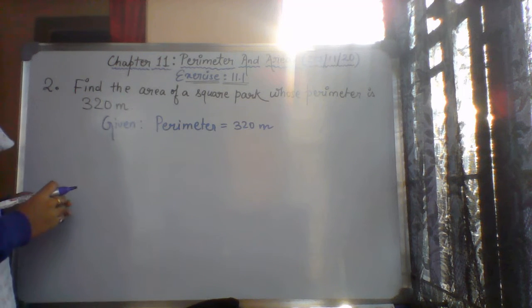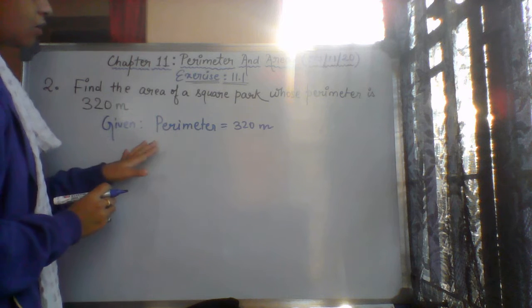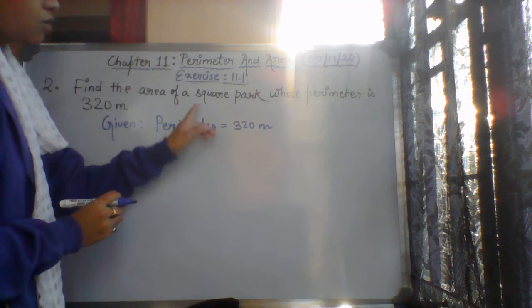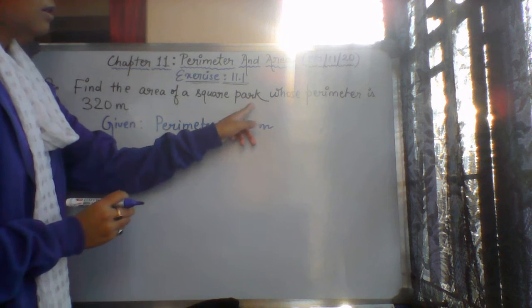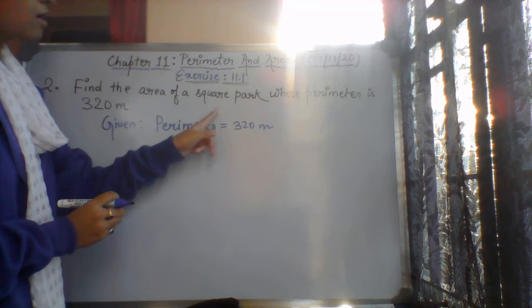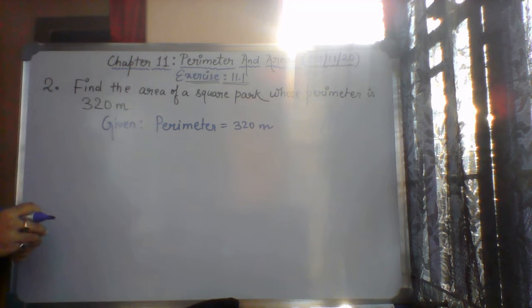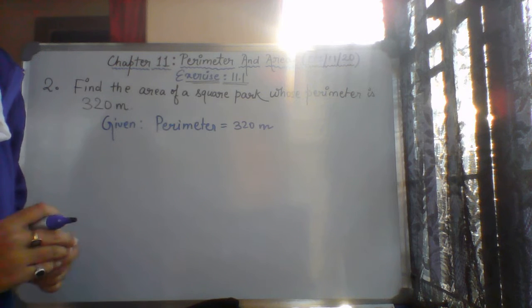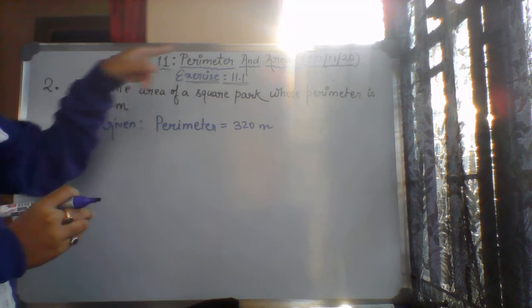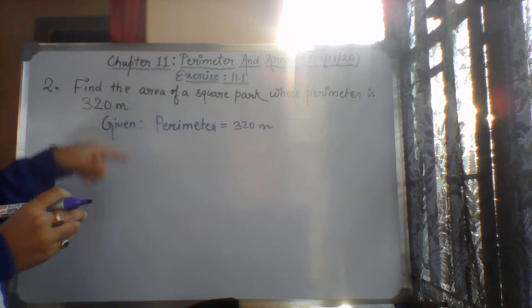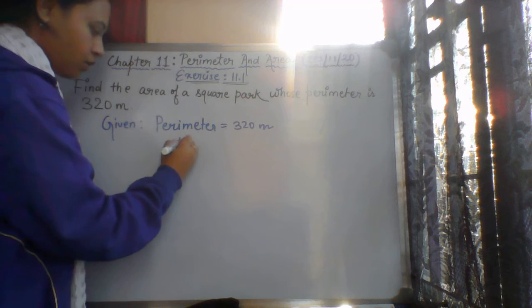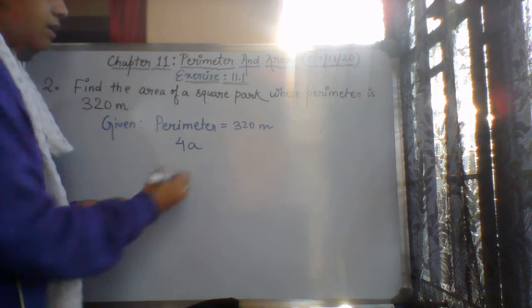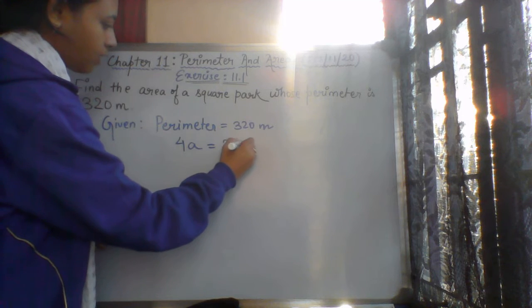Whatever is given in the question I have written. Now this is the perimeter of what? Of the square park. The park is in the shape of a square. So what will the perimeter formula be? Perimeter of a square, the total length of the boundary, is 4 into A. So 4A equals 320 meter.